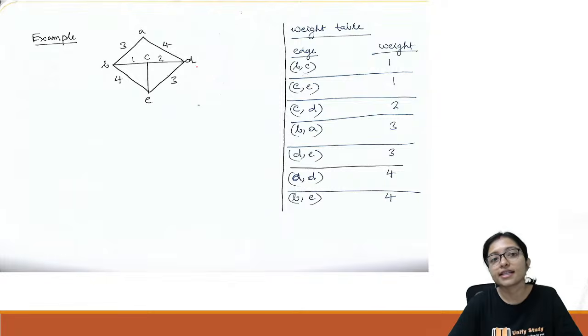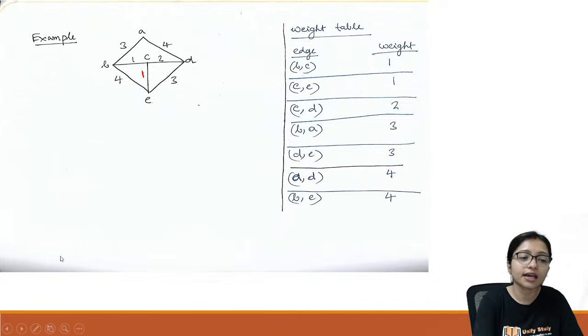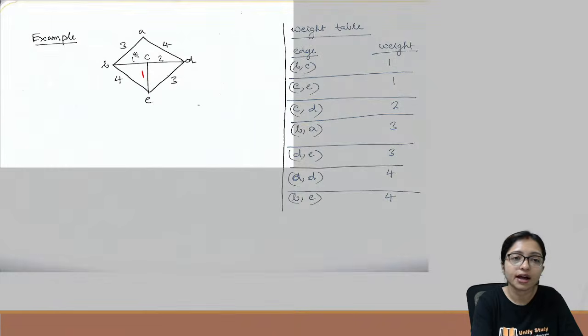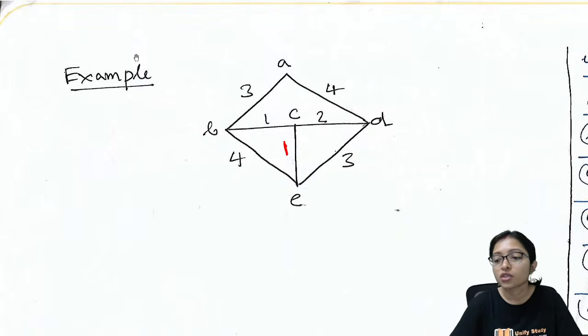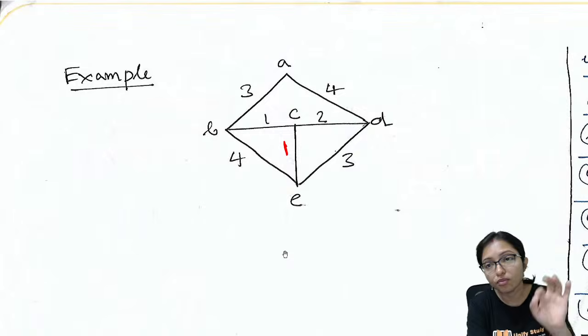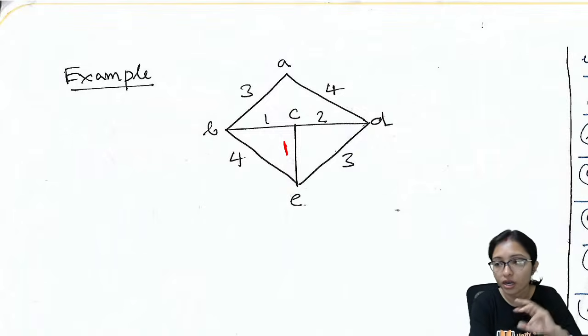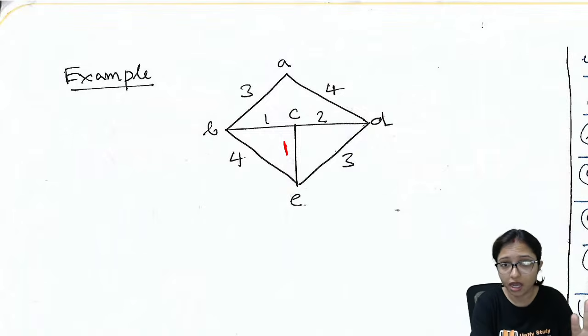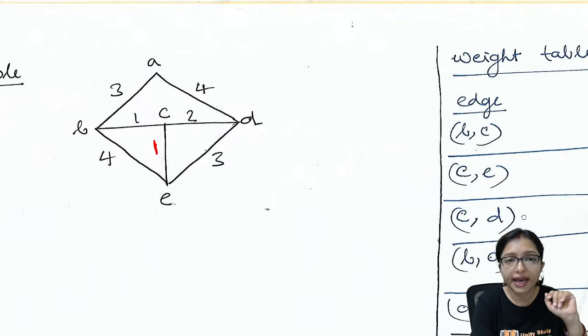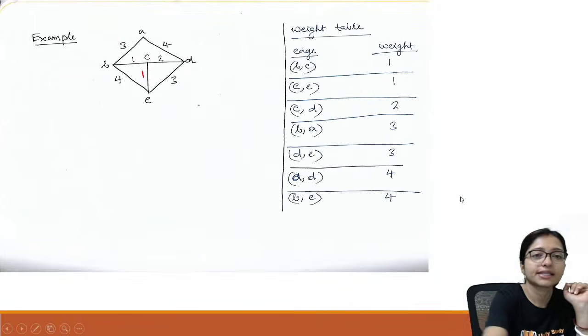Chalo. Here you can see an example. From this example, it will be clear to you. Here is a graph. In this graph, I have to make a list in ascending order first. So here I am making the list.